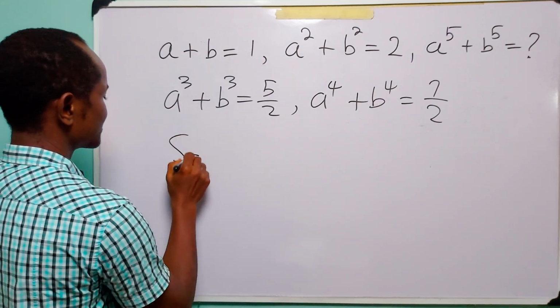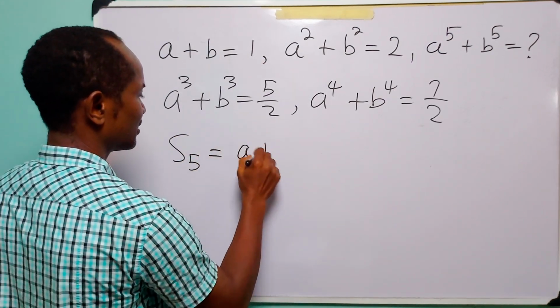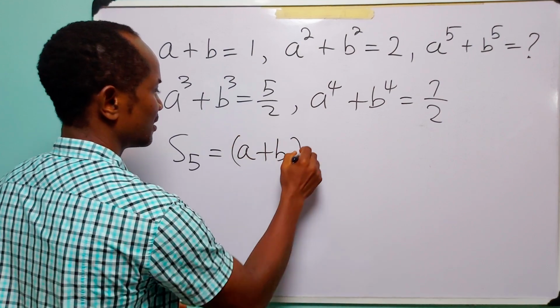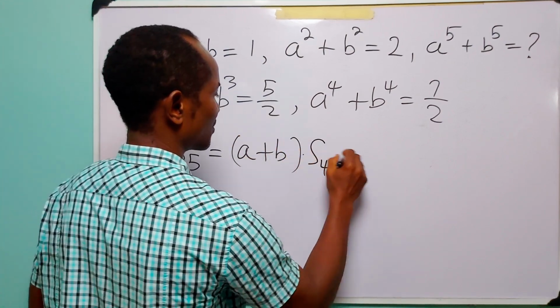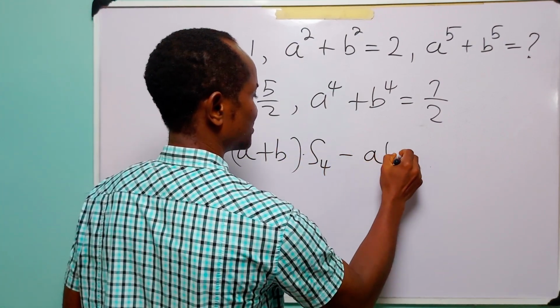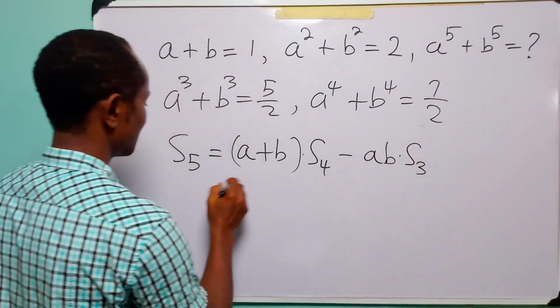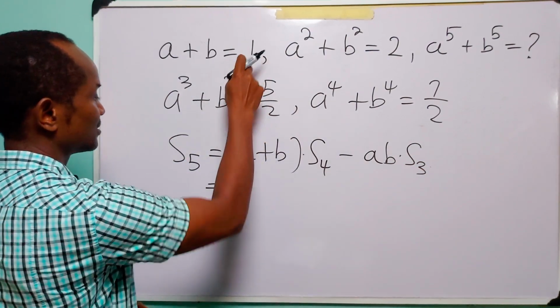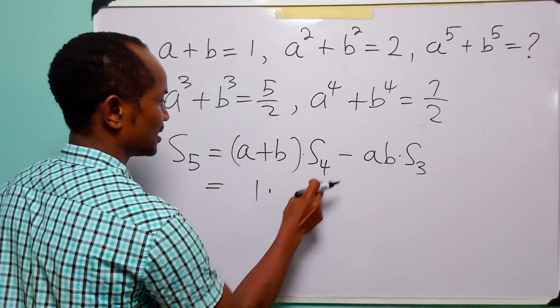Now to calculate S5, we have (a plus b) multiplied by S4 minus a times b multiplied by S3. a plus b is 1.